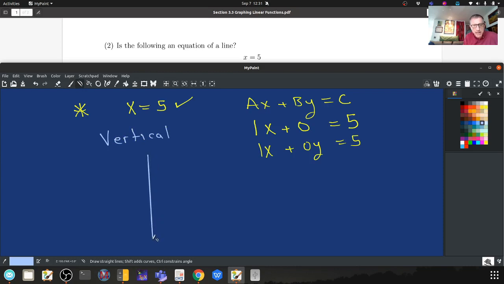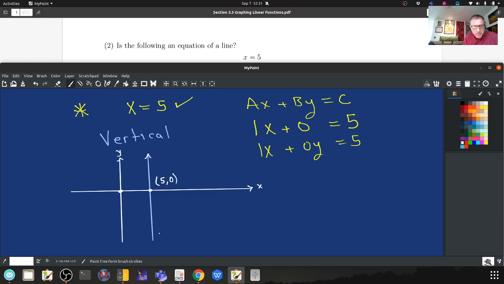Straight up and down. So if this were my coordinate axis with my origin right here, this is my y-axis, this is my x-axis, this point right here would be 5 and 0.